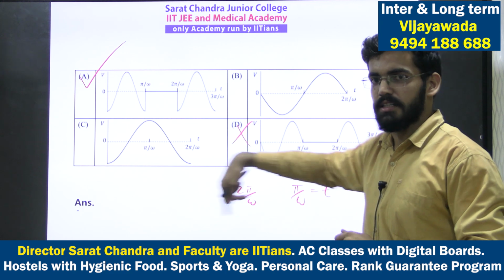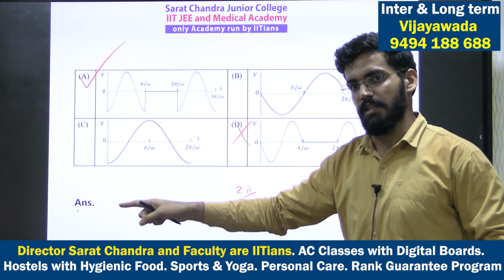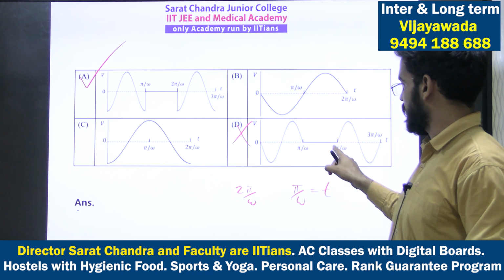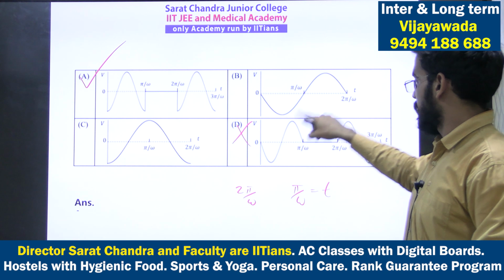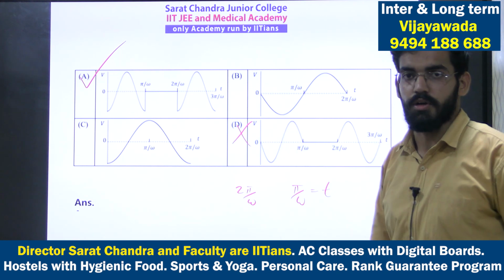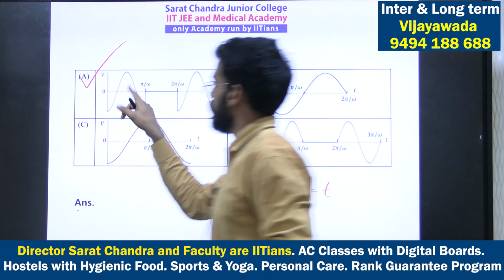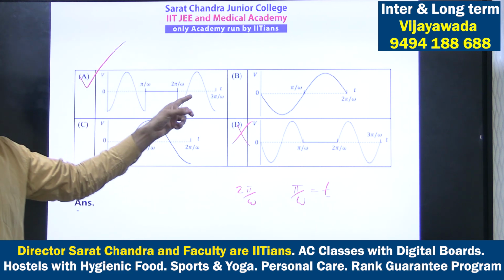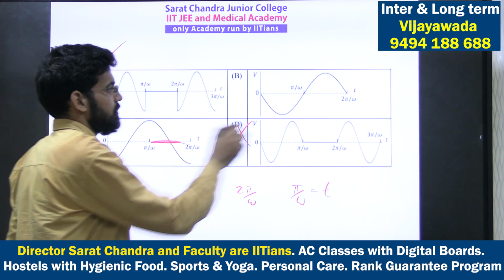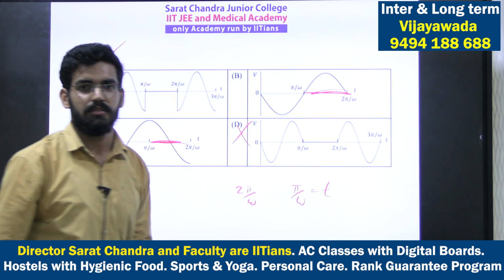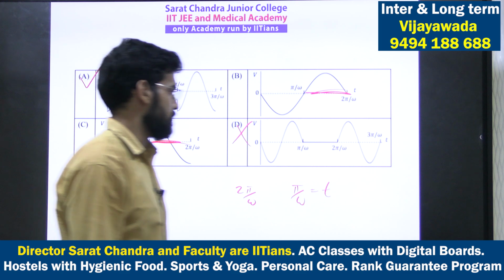Why? Because I know that on the Y negative side there is no magnetic field, right? So here he is giving 0, but I rejected the D option because it should repeat. So D option got wrong, but I selected the A option because it is repeating. Here this function is non-zero from here to here, and non-zero here to here. So a straightforward answer can come.